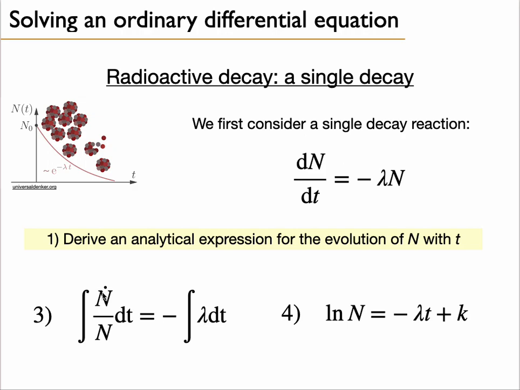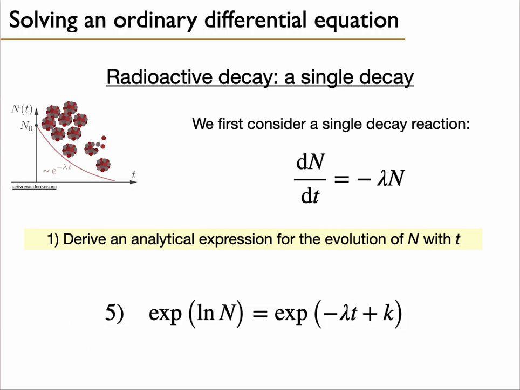The integral of the derivative of a function divided by the function itself is simply the log of n, and the integral of lambda, which is a constant here, is lambda t plus a constant. Now we want to recover n, so we apply the exponential to the log and the exponential to the right-hand side too.